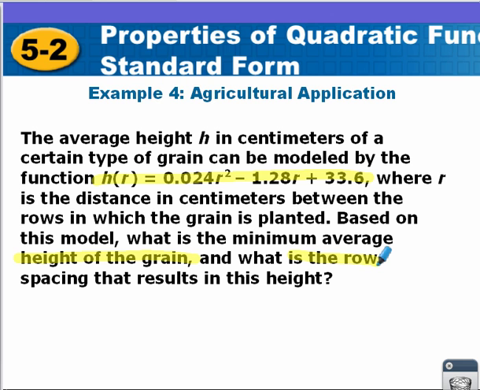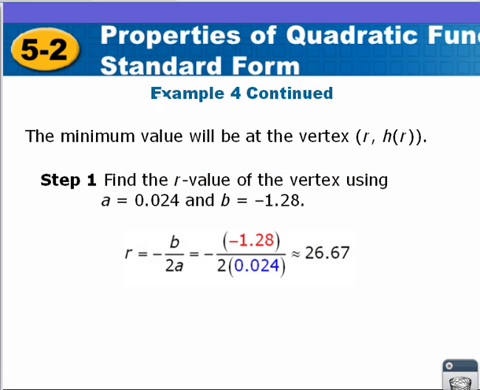So we want to figure out the minimum, and we're going to figure out the value of r that gives us that minimum. We're going to start by finding our a, b, and c, and then plugging that in to find our vertex point, essentially. So the minimum value is going to be at r, h of r.